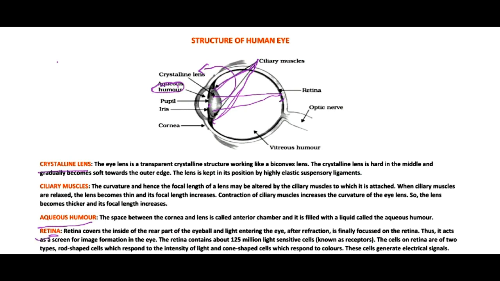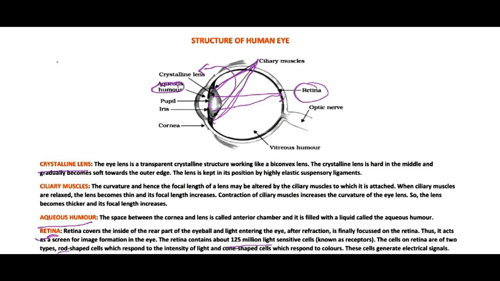Next is retina. Here is the retina. Retina is a kind of screen where all the images are captured. The images are formed here real and inverted. And this retina contains about 1.25 million light sensitive cells. There are two types of cells present here.